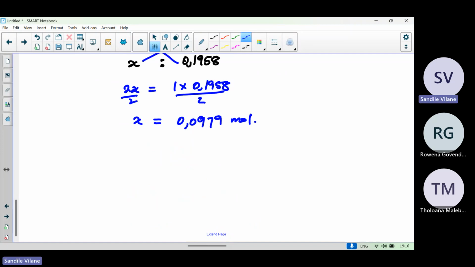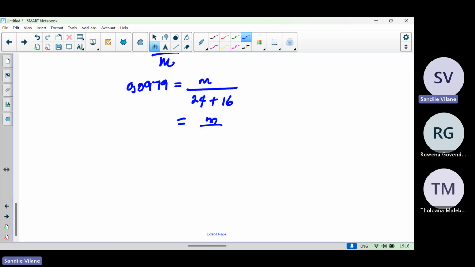So once I have the number of moles, it should be easy now to calculate the mass of the pure magnesium oxide. And what is the molar mass of that? For magnesium, it's 24, right? The molar mass of magnesium is 24. That of oxygen is that. This is 40. Am I correct, guys? From the periodic table.